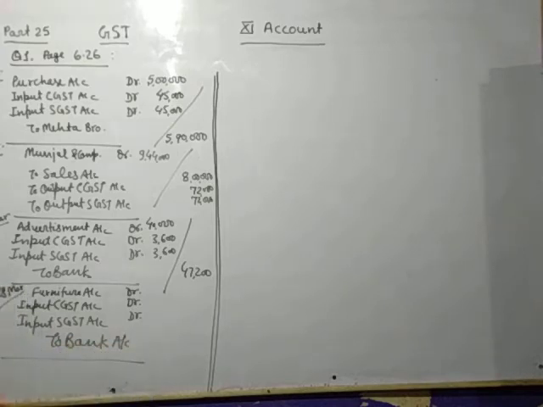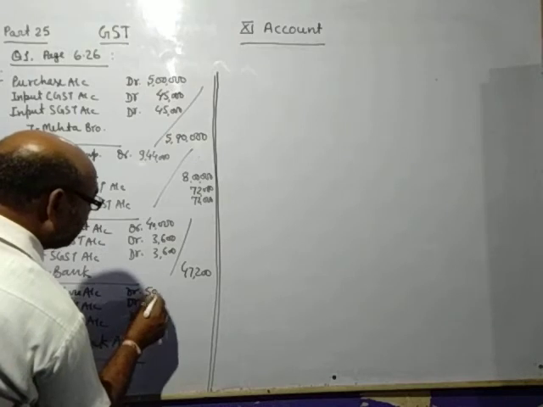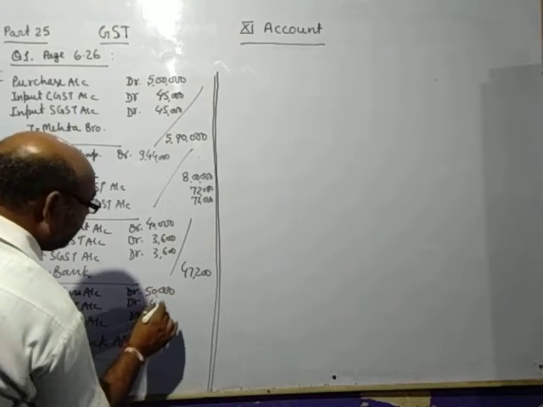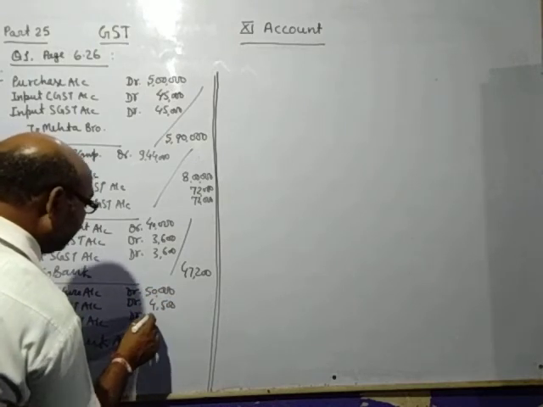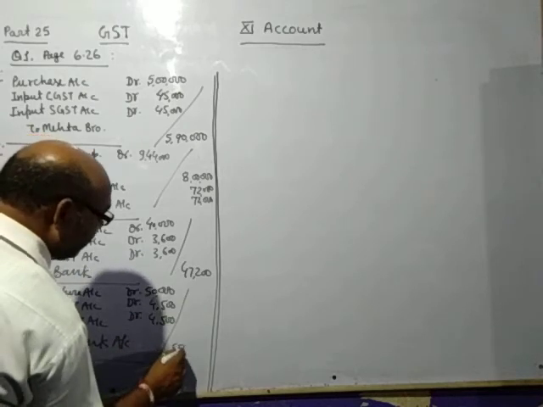You have purchased the furniture for 50,000. So amount of furniture is 50,000. 9% GST 4,500. So that is 59,000.